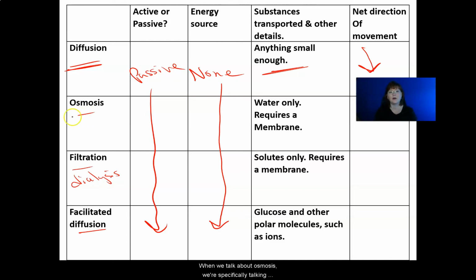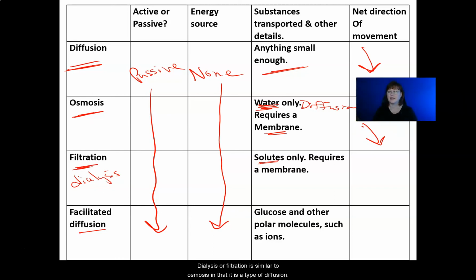When we talk about osmosis, we're specifically talking about the diffusion of water. So this is still a type of diffusion, but now we're talking about water crossing a membrane. Since it is diffusion, again, we're talking about water moving from where there's more water to where there's less water.